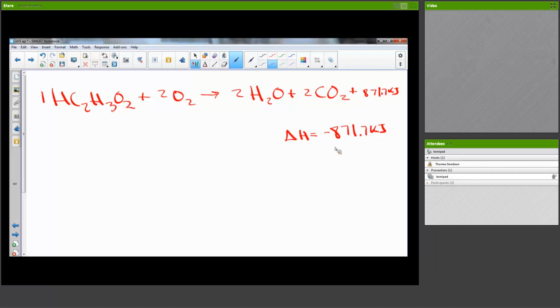Why did I put it on the right side? Because it's released, or it's produced, or it's a product. How come I didn't put plus negative? Because that side releases. All right. It would be redundant, and you would actually end up with a double negative, and you'd actually be wrong. Okay? By it being on the right side, that is telling us that it is released.